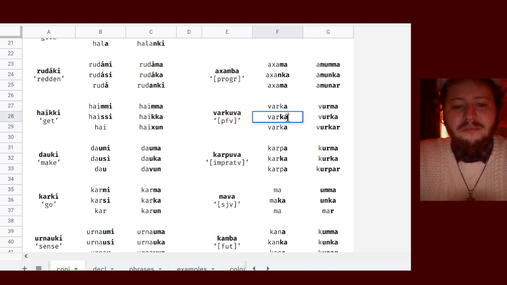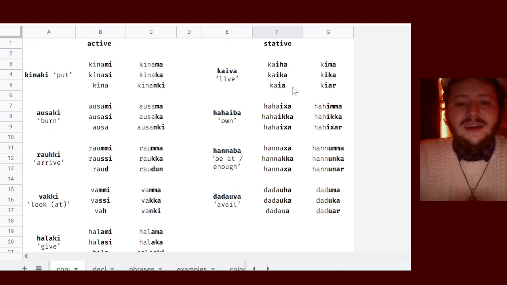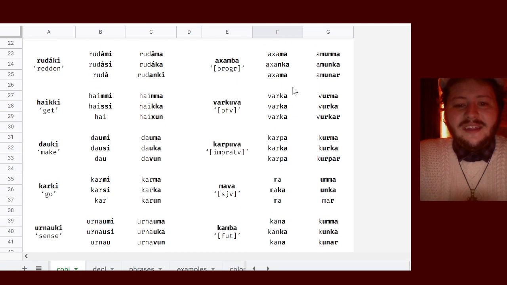This is bolded differently because the ka here is actually representing the ka ending for most stative verbs. And the ka from the ending is actually kicking out the ka that's in the root here because of a consonant shift that happened. But these k's are from the root and the ending is a. So they're all the same.